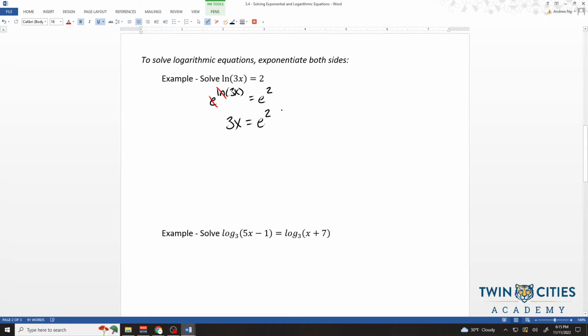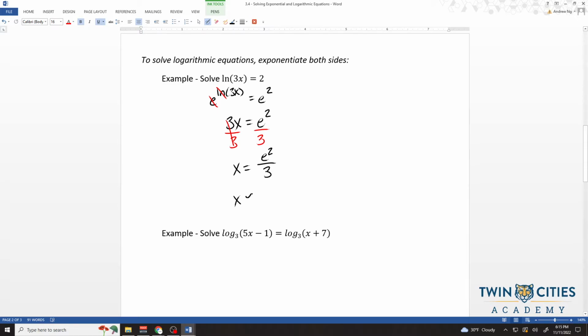Now, I want to solve for x, so I've got to divide both sides by 3 here. Don't plug in your e squared just yet. We're going to wait till the end. Divide both sides by 3, and we'll get x equals e squared over 3.